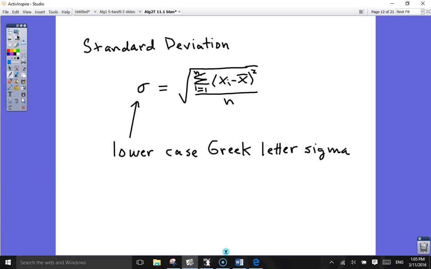We're using the capital Greek letter sigma for summation, and the lowercase letter sigma for standard deviation. It's the square root of the sum of the difference between the data and the mean squared, divided by the number of terms, the number of data values.